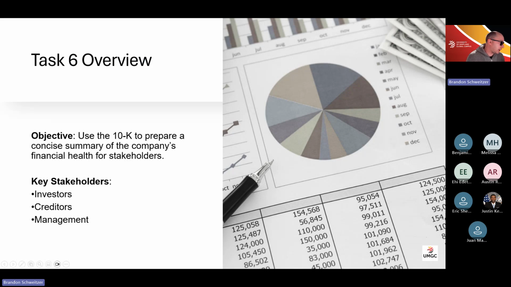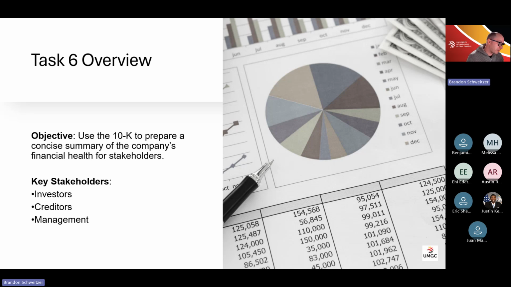Task 6. For task 6, we want to use the 10K report to prepare your summary of the company's financial health for the stakeholders. And of course, your stakeholders are the individuals involved in the company. We learned about this back in week 1. I don't know if you remember that, but I think it was the very first task. I had you identifying who the stakeholders are in the company.